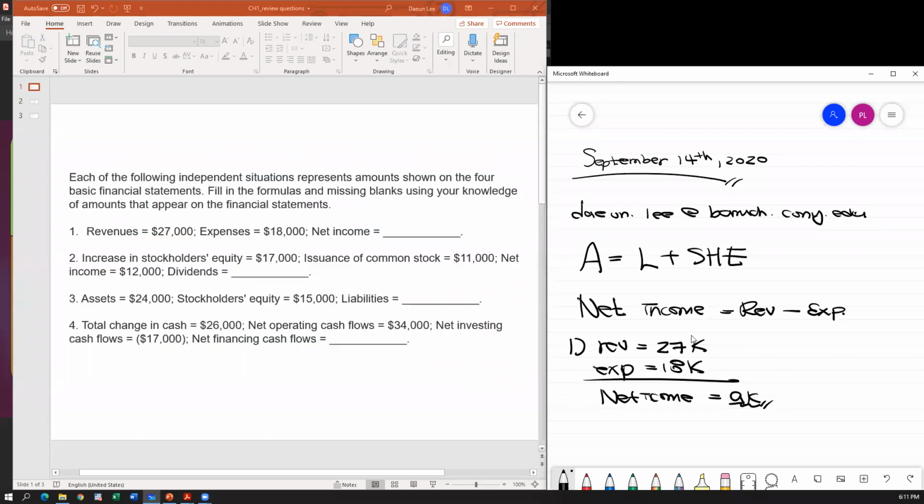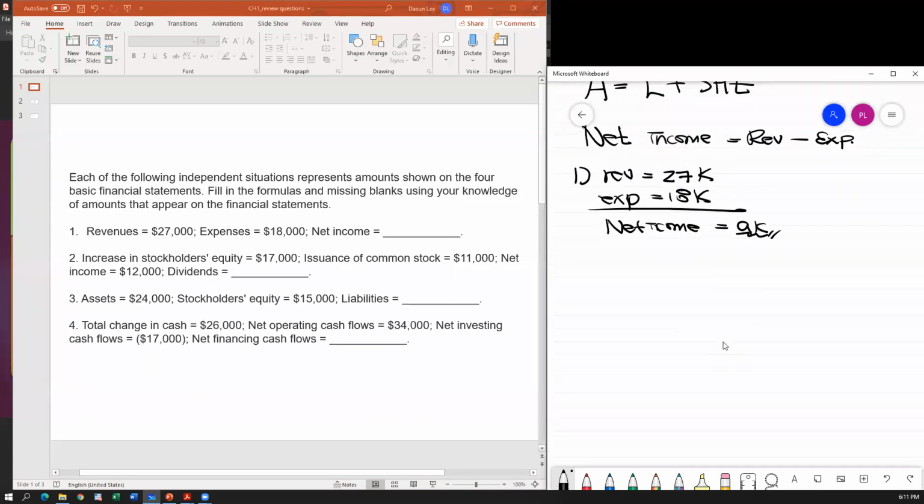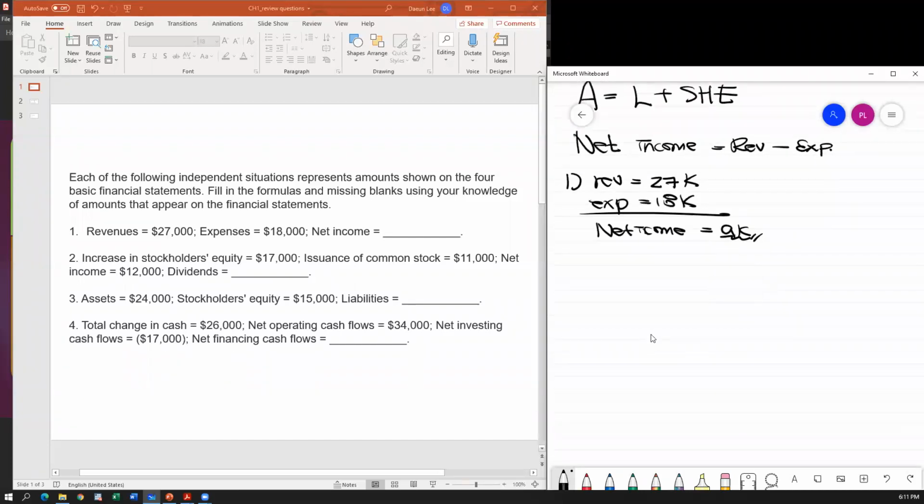Number 2: the increase in stockholders' equity is $70,000. Issuance of common stock is $11,000. Net income is $12,000. The question is asking what the amount for dividends is, okay? 6,000. So let's go down a little bit. I practiced this. According to the question, there was an increase in stockholders' equity of $17,000.